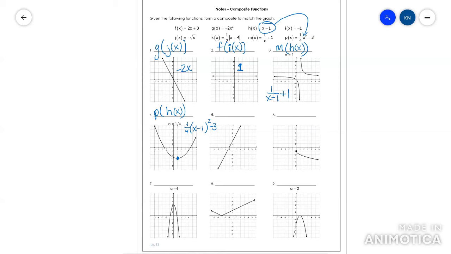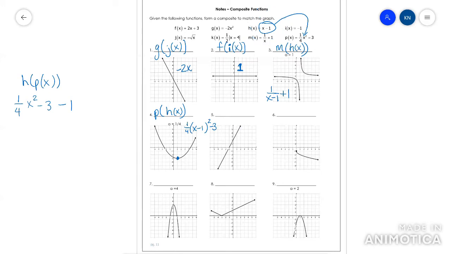And again, the order really matters, because imagine if you said the answer was h of p of x, saying that p was getting plugged into h of x. Well, that would look way different. That would look like 1/4 x squared minus 3, and then you would have the minus 1 from the original h of x.